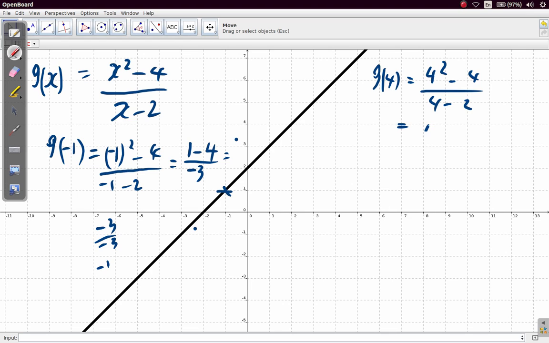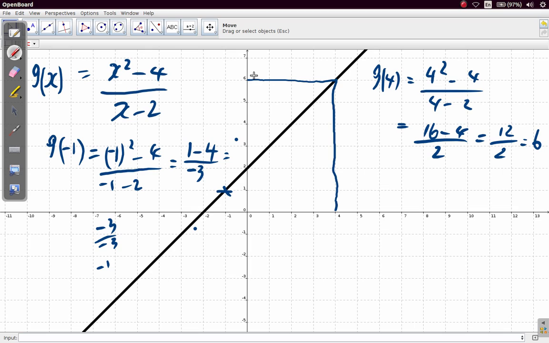So what we get is 16 minus 4 divided by 4 minus 2, which is 2. 16 minus 4 is what? 12. 12 divided by 2 is 6. So g of 4 is 6. This is g of 4. You go up to the graph, go across, and you see it located at 6. Nice. That's good. So the function g of x here is continuous at 4.